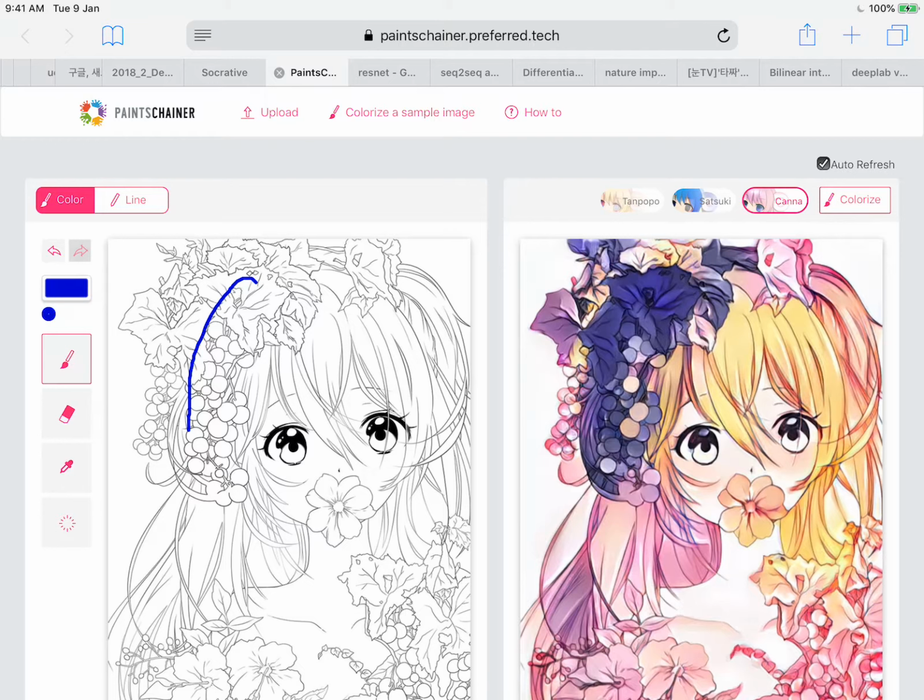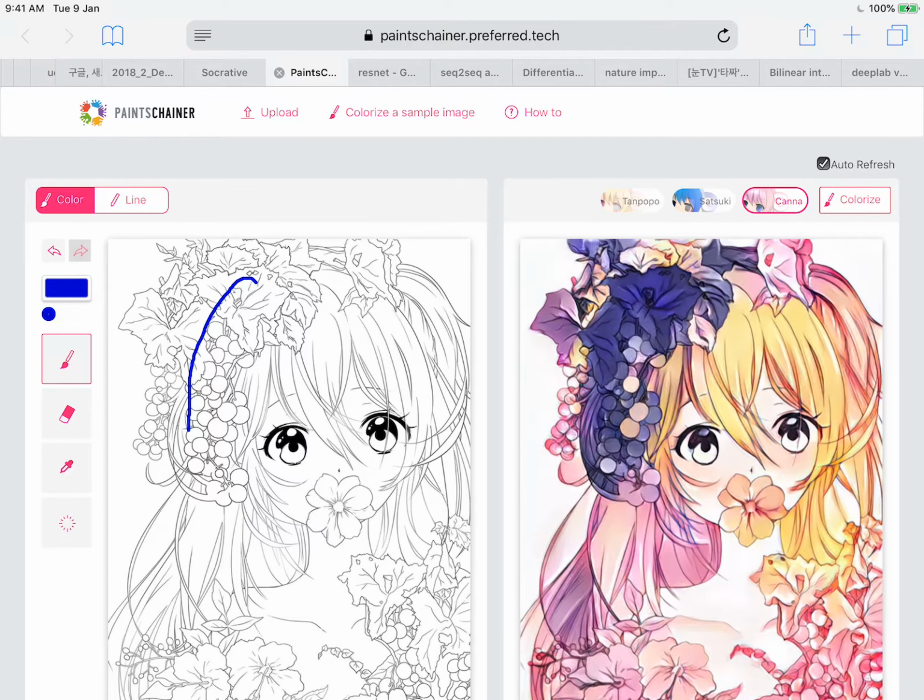But here, this deep learning module actually did some intelligent colorization, because we only gave this scribbled form of our line, that this line should at least have this blue color, and then it recognizes some semantically consistent part like the flower on the hair, and then it colorized that entire part using that color.